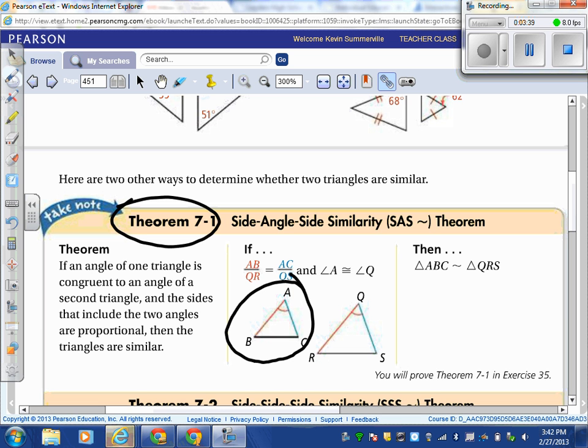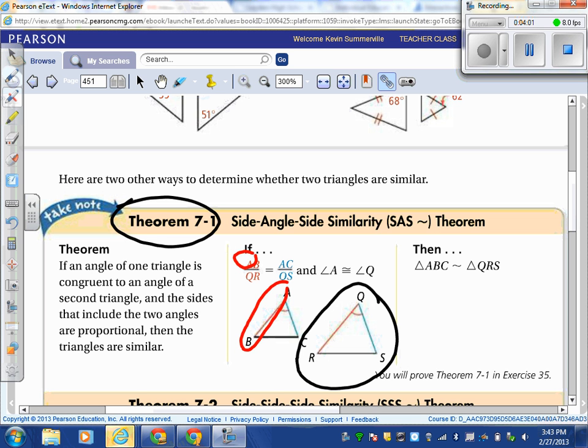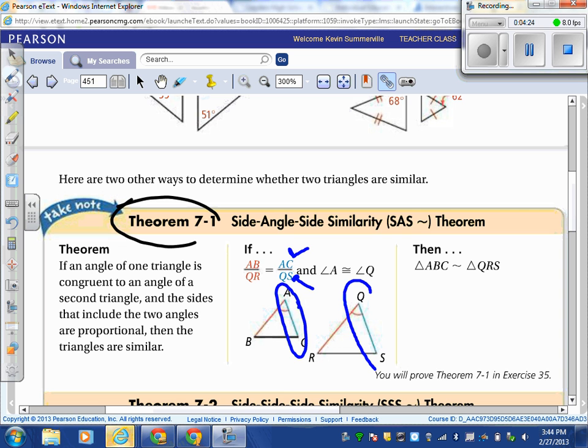Triangle ABC and triangle RQS, they're saying that AB, which is that section of the triangle, and QS, this section of the triangle, if you set that equal to side AC and QS as a proportion, you show angle A is congruent to angle Q.